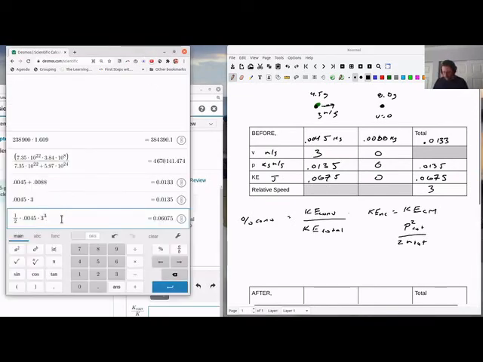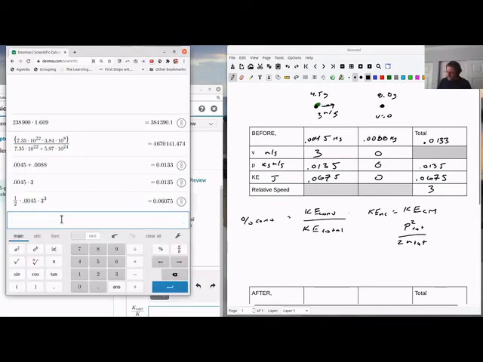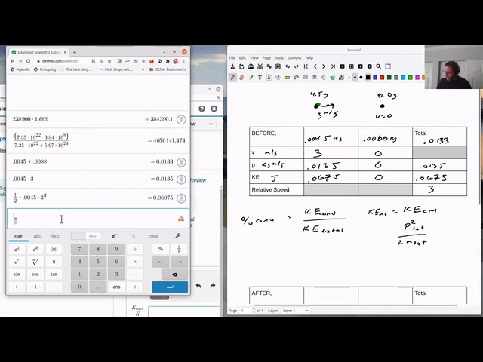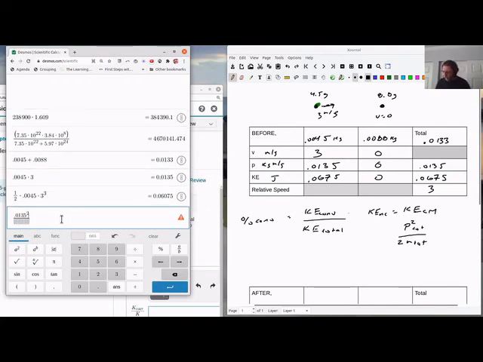So total momentum is 0.0135 squared, and on the bottom, 2 times the mass of the system, which is 0.0133. That gives us a non-convertible kinetic energy of 0.00685.